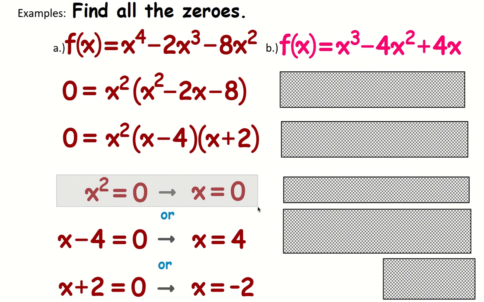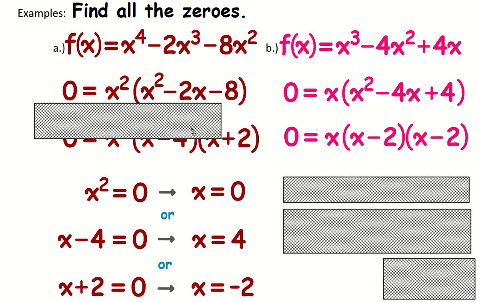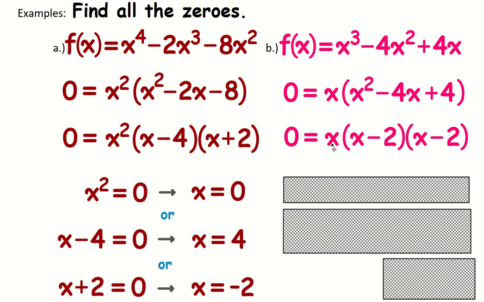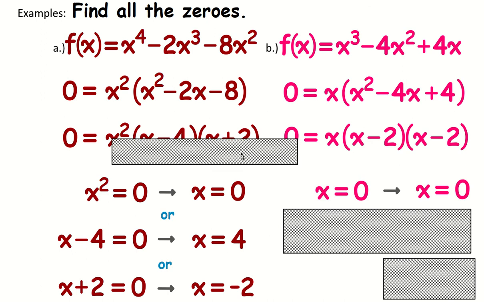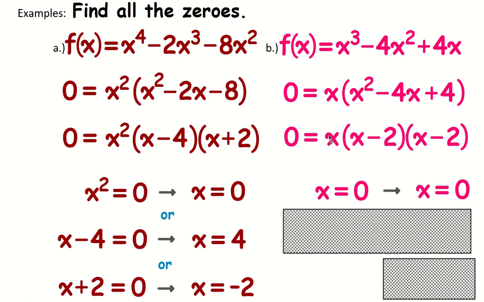Because I want to say, like, a quiz we took last week or something, some people were not understanding, the same thing happens over here. When you get a GCF of x, one of your final answers is going to be 0.